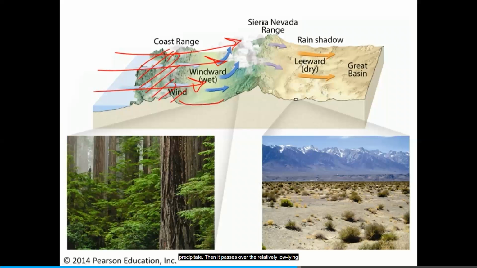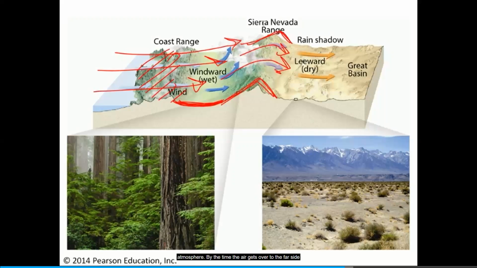Then it passes over the relatively low-lying Great Central Valley, and because there's no obstacles there to force it up to higher elevation, you don't really have a whole lot of rain in the Great Central Valley. But then there's a very big obstacle indeed, and that's the Sierra Nevada mountain range. The air masses moving over the Sierra Nevada get forced up to really high elevations. That means that the water vapor is more likely to encounter cold temperatures and therefore to condense and potentially precipitate out of the atmosphere.